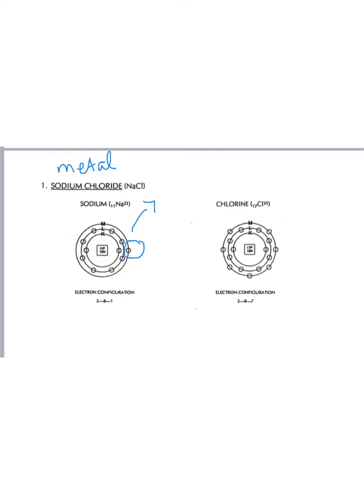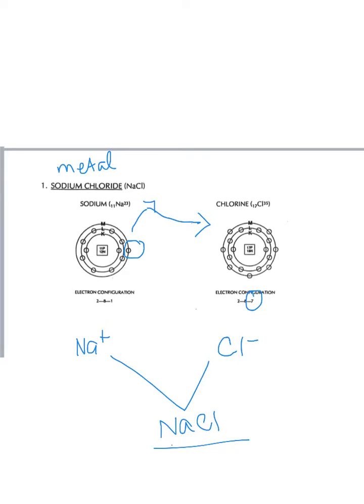And when that happens, that creates sodium positively charged. And this electron then will come over here to our chlorine, which has 7 electrons in its outer shell, and that will make chlorine negatively charged. And then this positive and negative charge will be attracted to each other and form an ionic bond of NaCl, which is sodium chloride, which is salt.